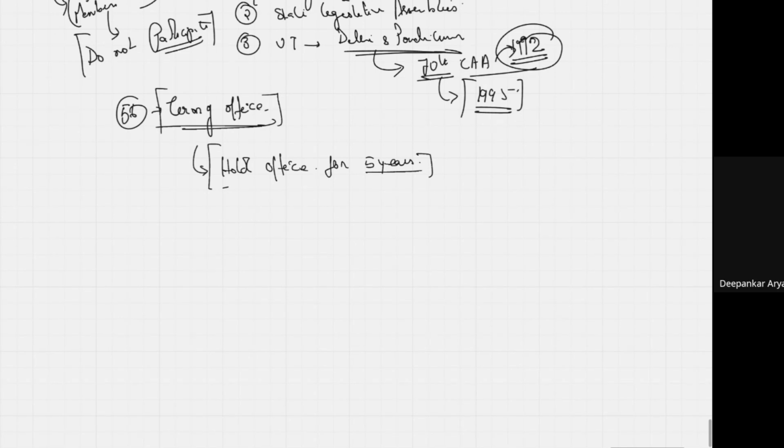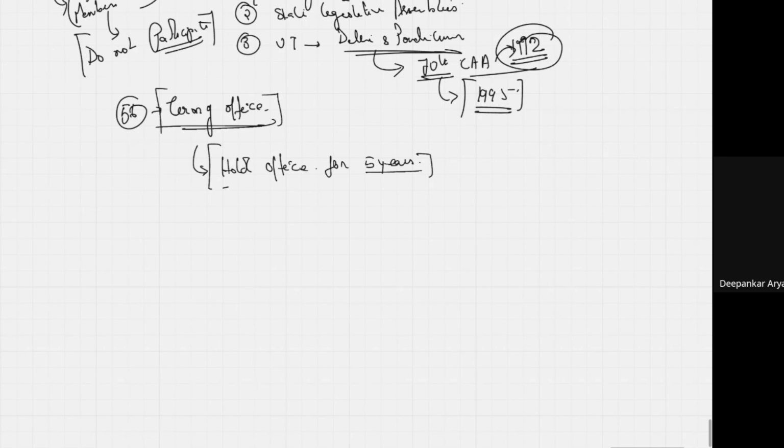Which book? Did you read that in the Indian Constitution? Not in the Constitution, I'm talking about the American president. So in the USA, the Constitution says that a person can be president only for 2 terms, not more. But this is not true for India. In India, you can be president for any number of years.